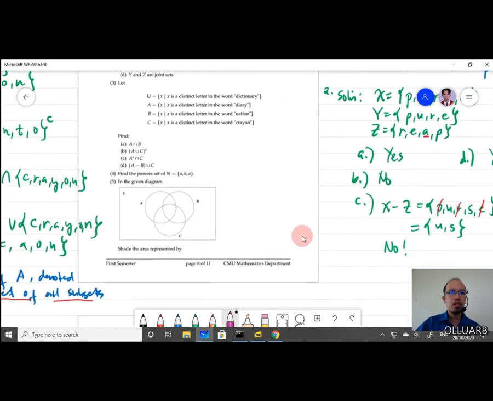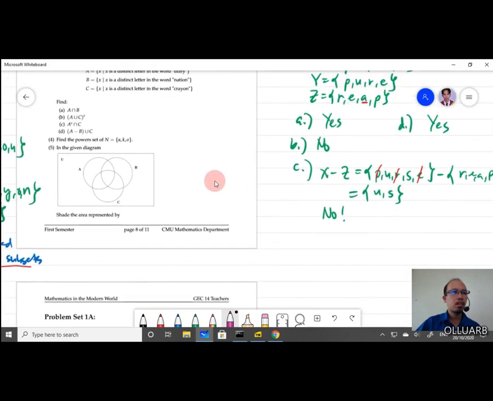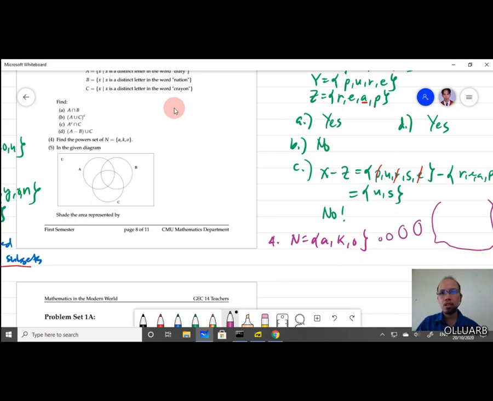So from here, the power set of N, this problem number 4. Our N is A, K, and O. So as you can see, the cardinality of N is 3.